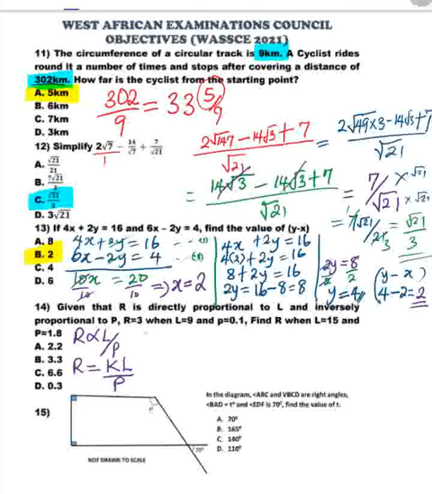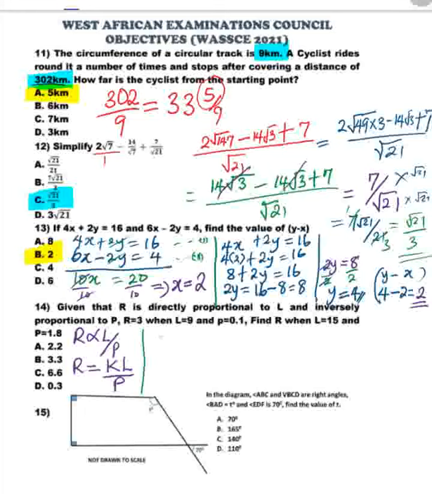Now, the expression says R is equal to 3 when L is equal to 9 and P is equal to 0.1. So let's substitute these values first.